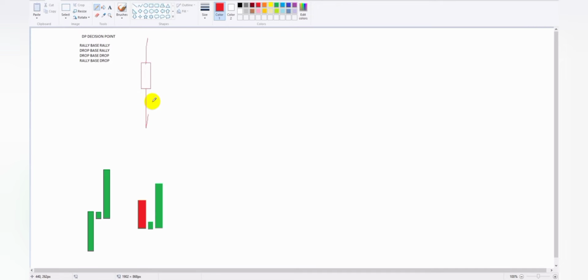For example, this is a 50% candle: its wick is increased, and this is our 50% candle. If the wick is greater than the body, and it is a 100% candle, then we will count it as a base candle.